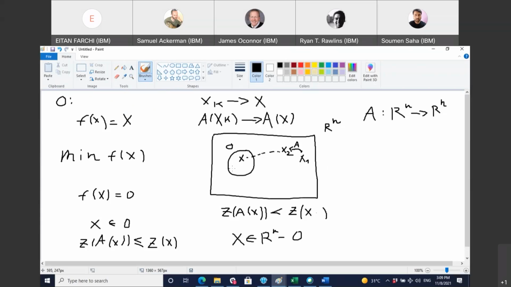Okay, so my claim is that if you look at the series x1, A of x1, and then apply A twice on x1, and so on, and if you assume this converges to x, then we claim that x is going to be in the optimal set.